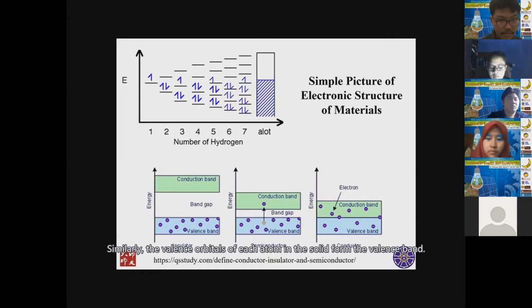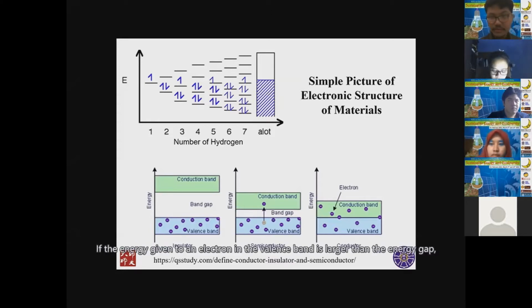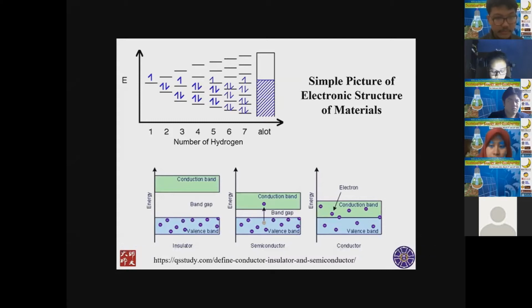Similarly, the valence orbitals of each atom in a solid form the valence band. If the energy given to an electron in the valence band is larger than the energy gap, it has the opportunity to be excited to the higher energy band, the conduction band.